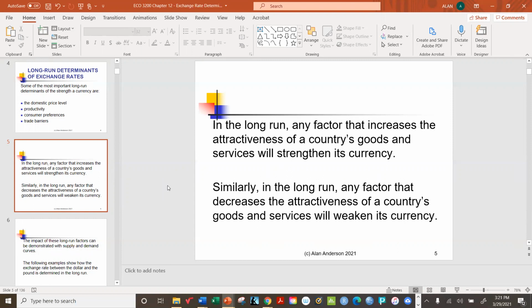But on the other hand, if anything causes our goods to be less attractive, well, it happens too. What if the next Windows is really in bad shape? It has a lot of bugs. That would have a tendency to weaken the dollar because people will stop buying Windows or at least see if they can find something else. So, in the long run, we're focused on what makes people want to buy our products. That's what should strengthen our currency.